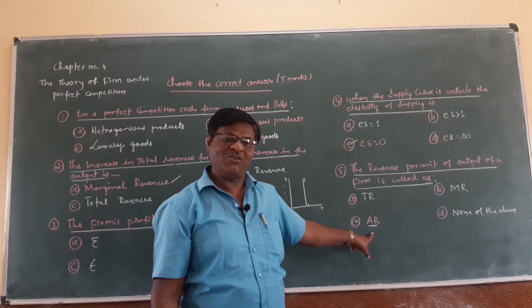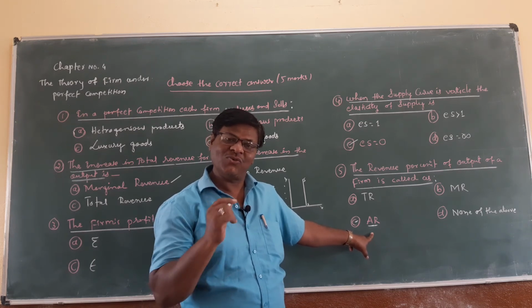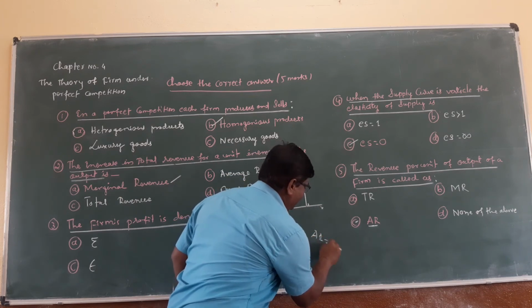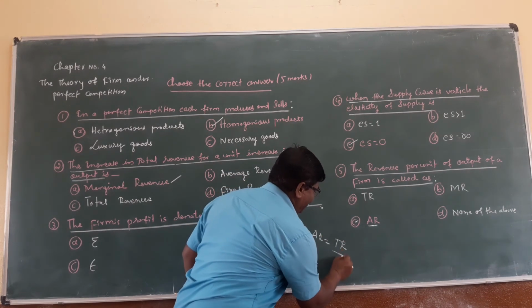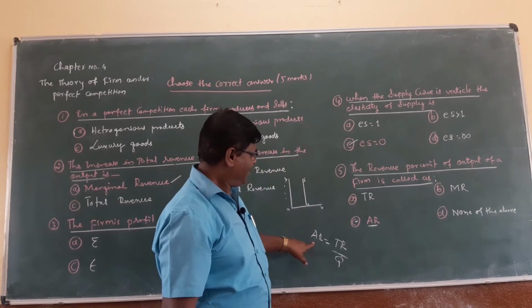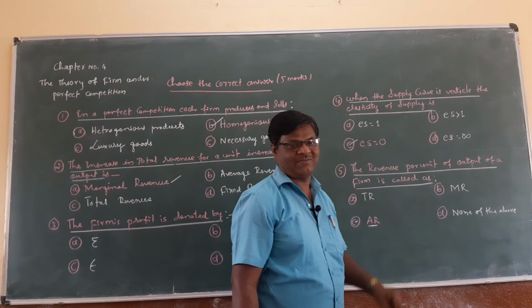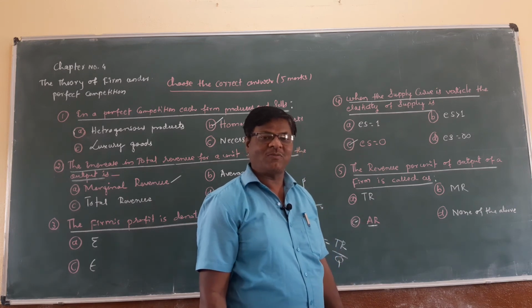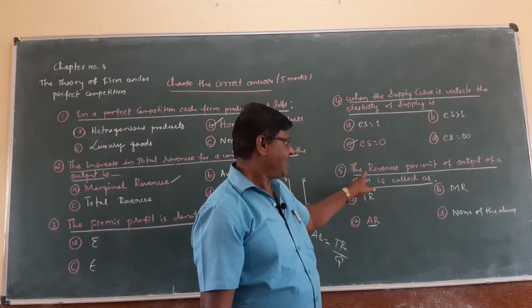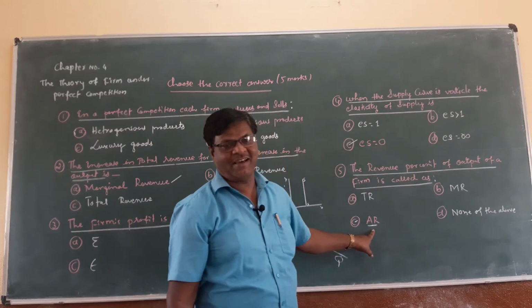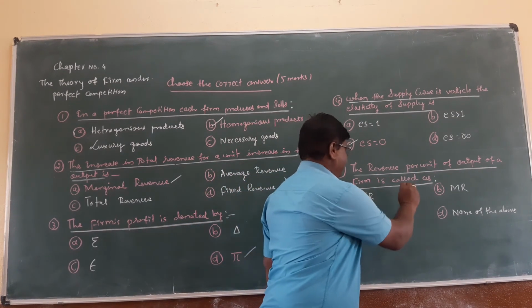AR is equal to TR divided by Q. AR is per unit of output. AR is the correct answer.